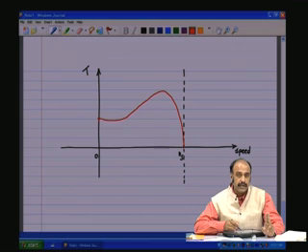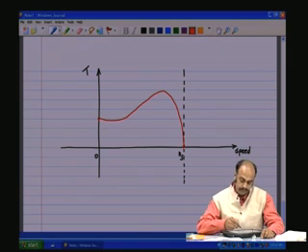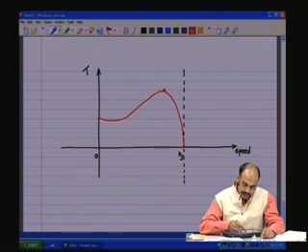There is no induction of current in the rotor, and as a result there is no torque. That's what is shown here at this point. This is one crucial point. Now there is another crucial point here.